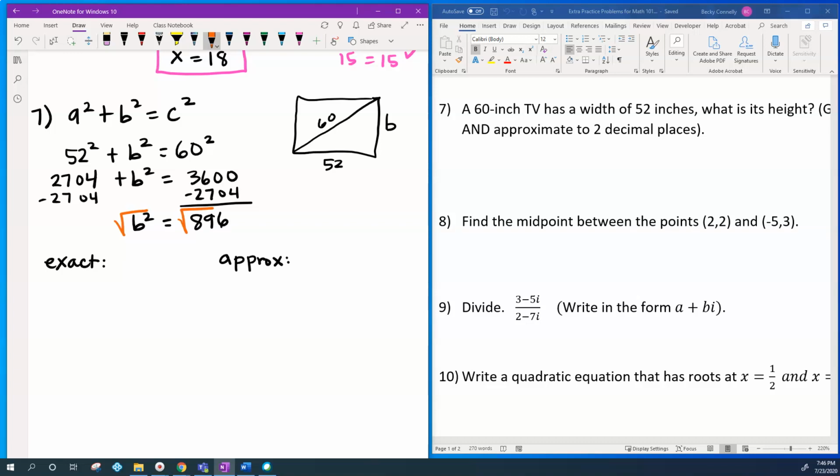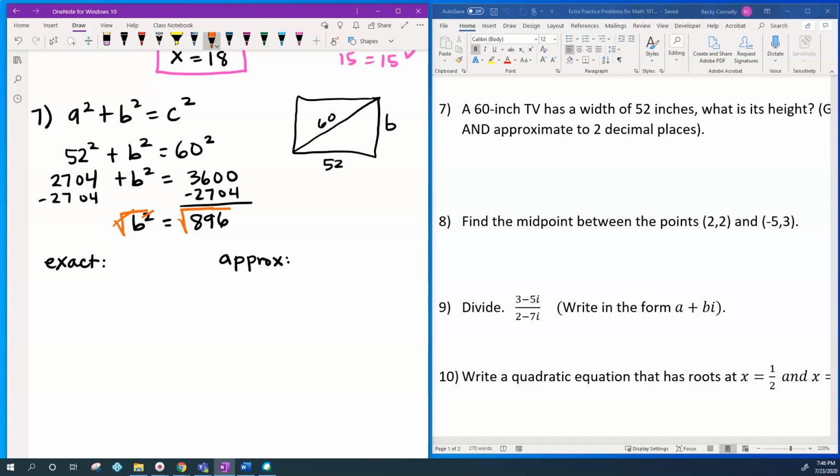All right, so look and see if you got to this point. To find b, we need to square root both sides. When we do that, we're just left with b on the left-hand side, but then we've got to simplify that square root of 896.